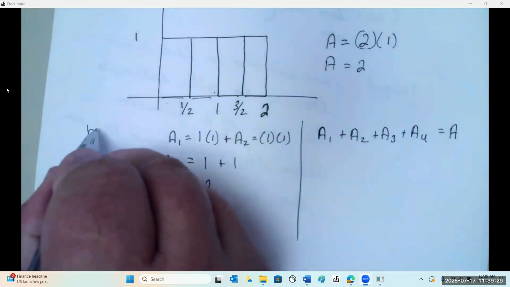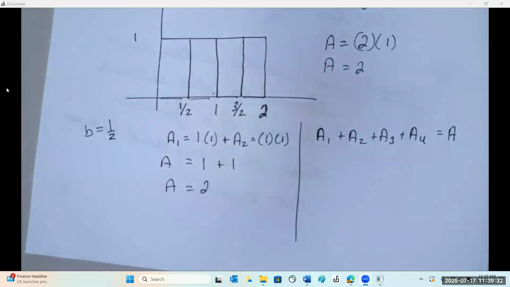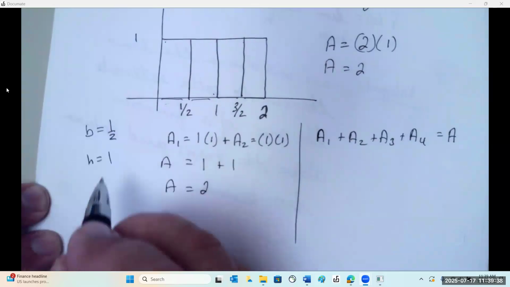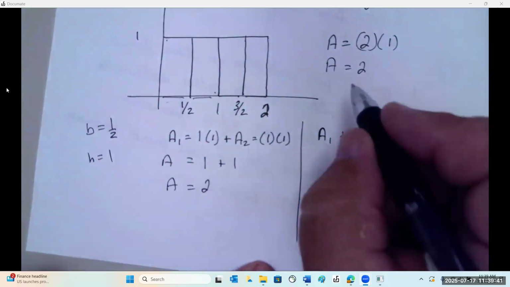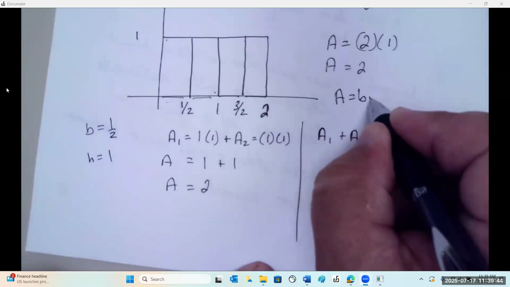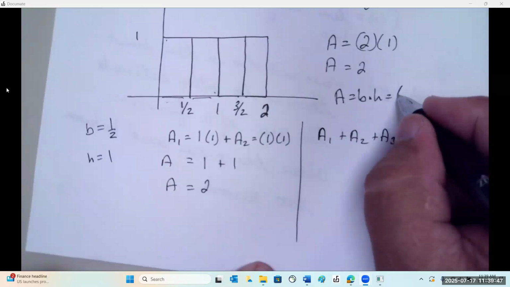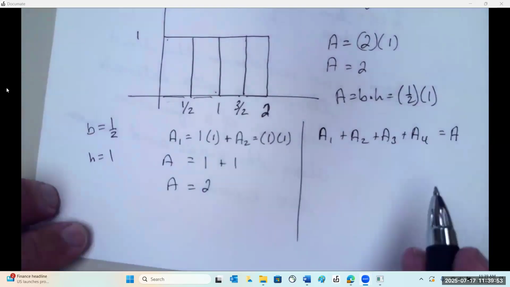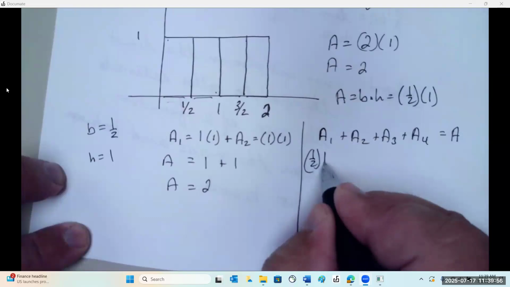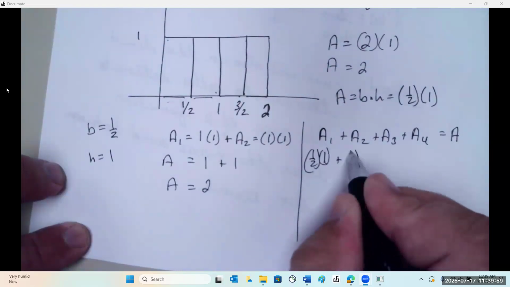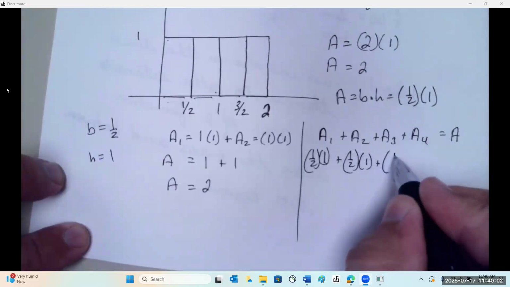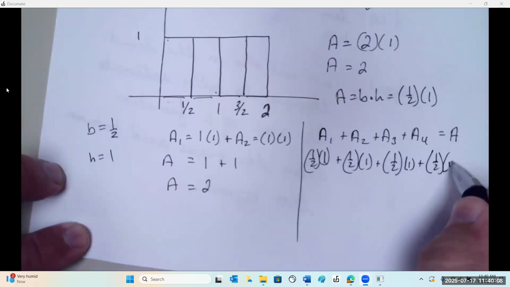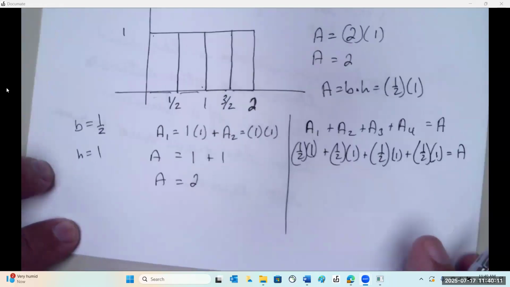So we know that the base for each one of these now is 1/2, and also the height is 1. So the formula, base times height, is 1/2 times 1 for each one. So this is 1/2 times 1 plus 1/2 times 1 plus 1/2 times 1 plus 1/2 times 1. Add those all together and we get the area.